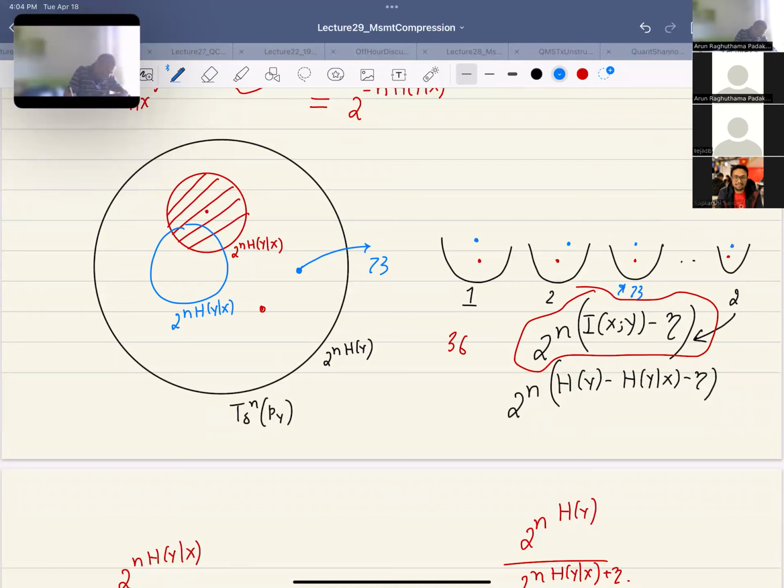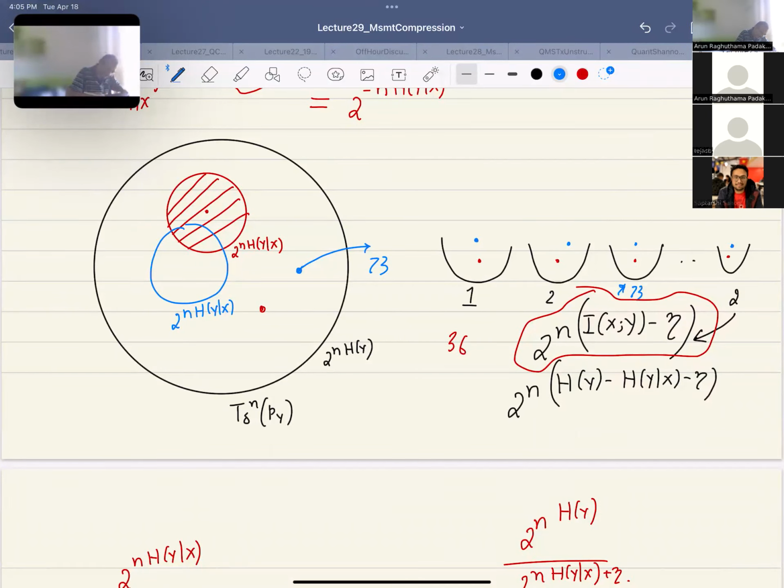Okay. So what has happened? All these red sequences have fallen in different bins. Very highly likely, you pick any conditional typical ball, its sequences would have fallen in completely different bins. Suppose I can get such an arrangement where every bin has at least one sequence from every conditional typical set.